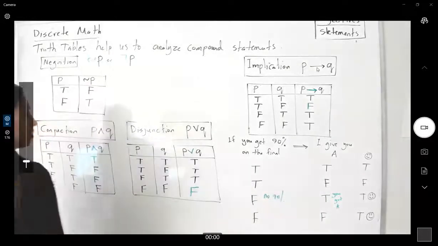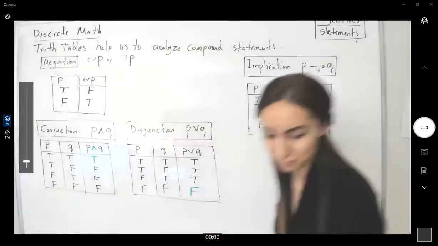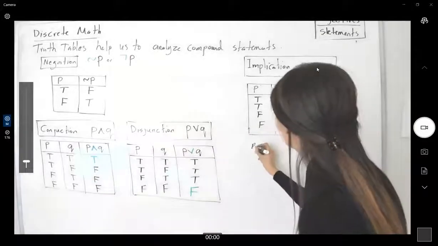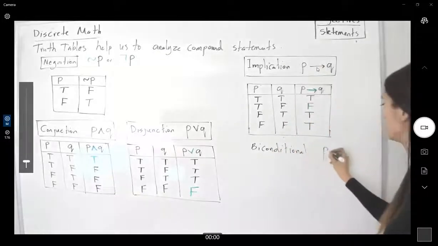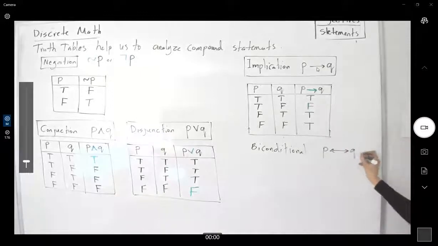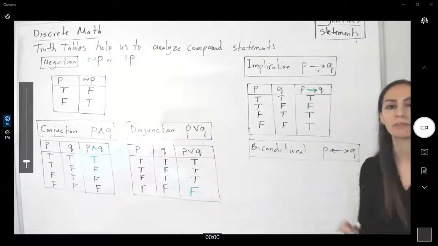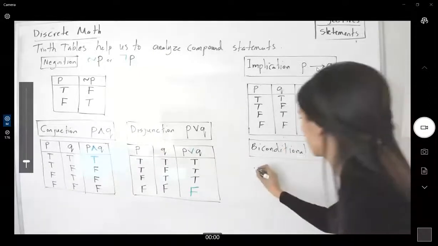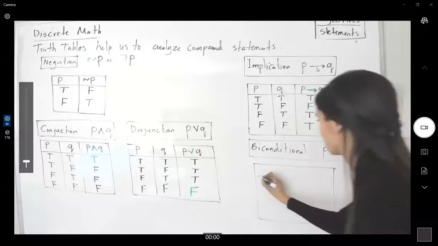So for biconditional, the last connector is defined this way. Biconditional. P, if and only if Q. It is true if and only if P and Q, both of them are true or both of them are false. So let's write this down here.